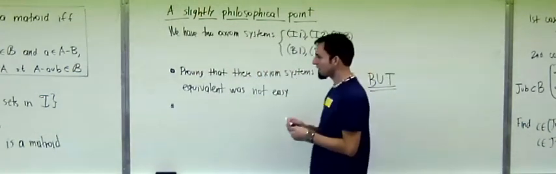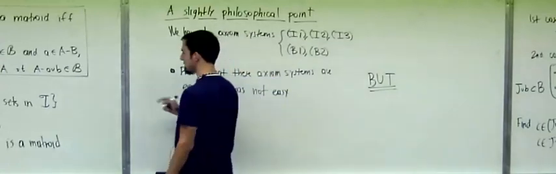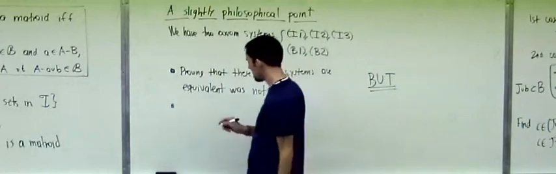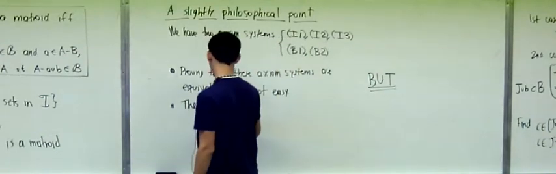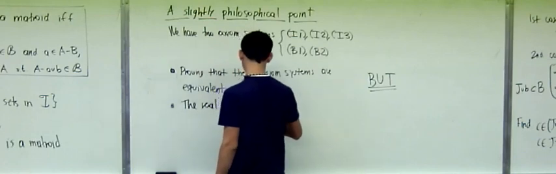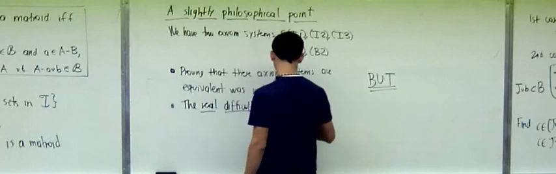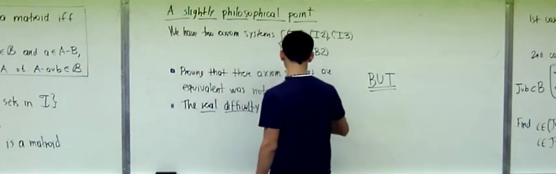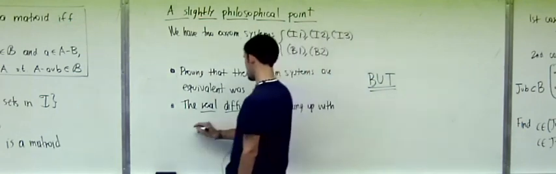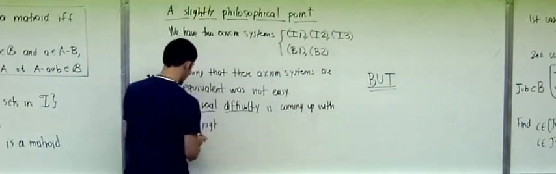The point that I want to make is that this is really the difficulty here. The difficult thing is to actually invent these two definitions. The real difficulty is coming up with the right definitions. Coming up with good axiom systems.